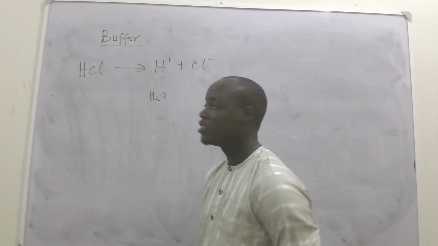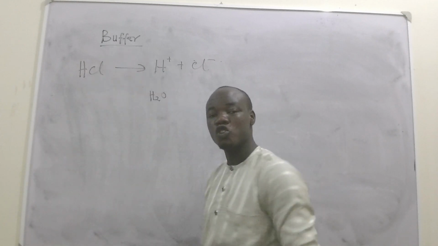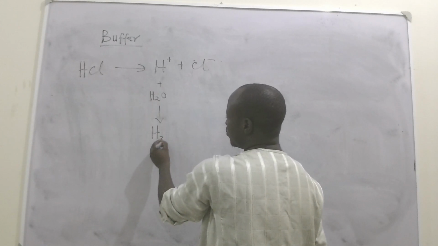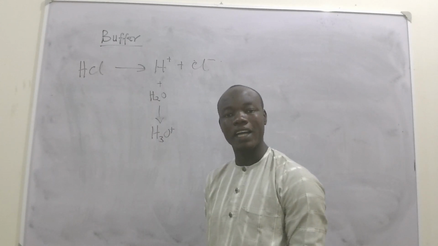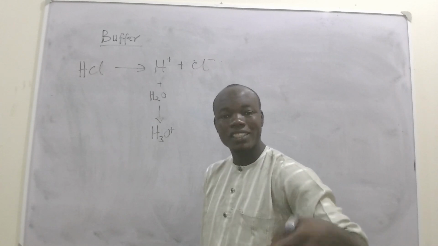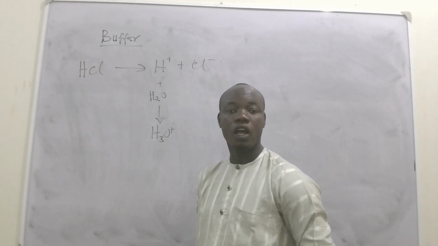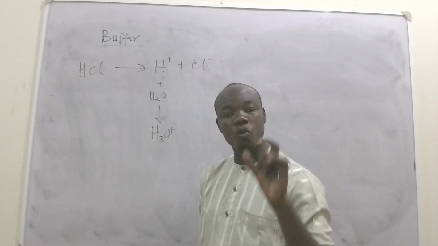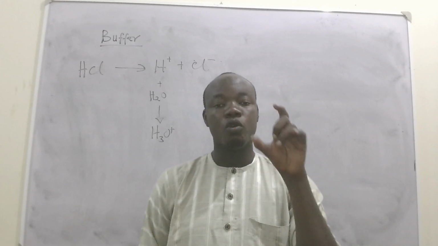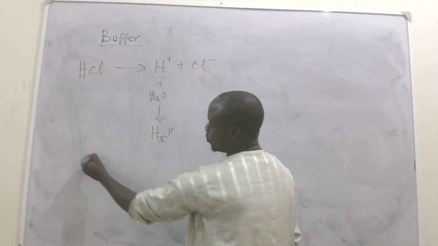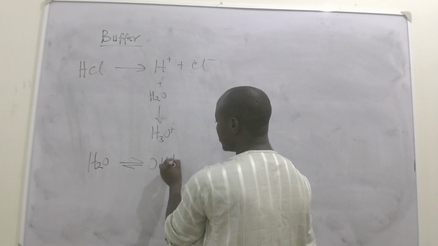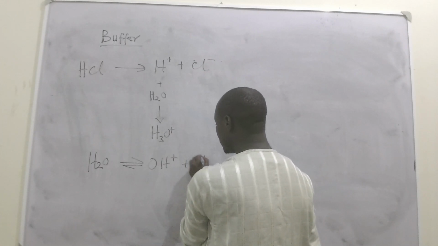So what will happen? The hydrogen ion that is formed from this strong acid that is added will now react with the water, meaning that you add hydrogen ion to the solution. So the concentration of hydrogen ion is increased. Normally water is supposed to be neutral, because water usually dissociates to produce OH minus plus hydrogen ion.